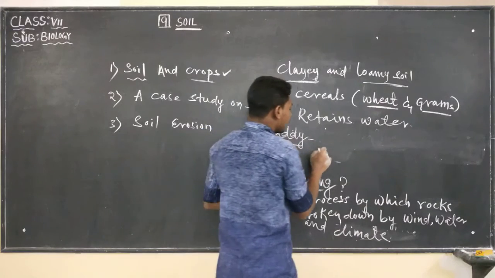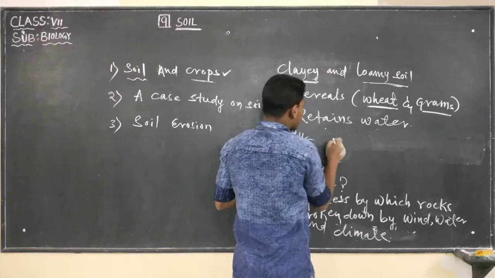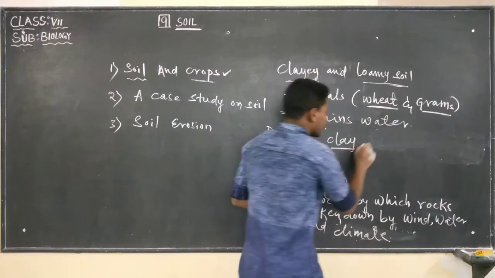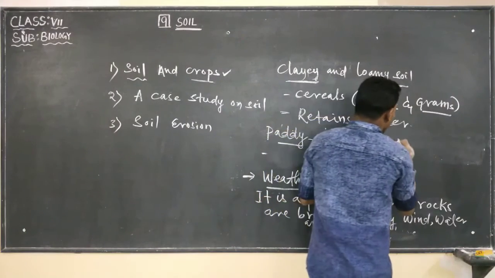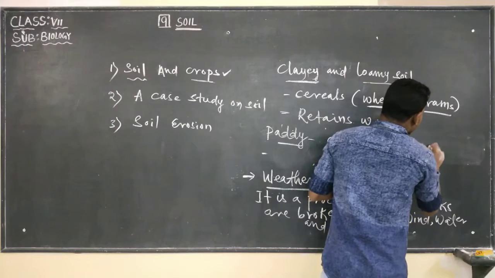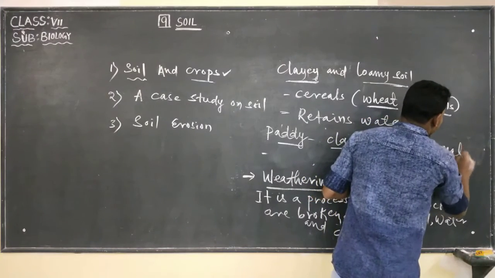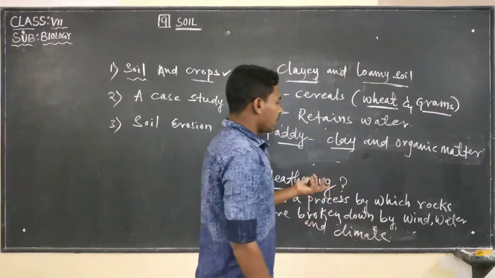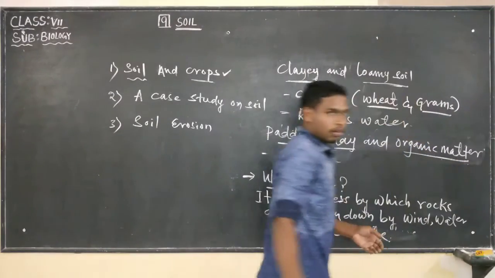Now, if we talk of clay soil, paddy is a crop, right? Paddy grows best in clay soil rich in clay and organic matter. Organic matter in the sense the dead organic plants and animals are known as organic matter.